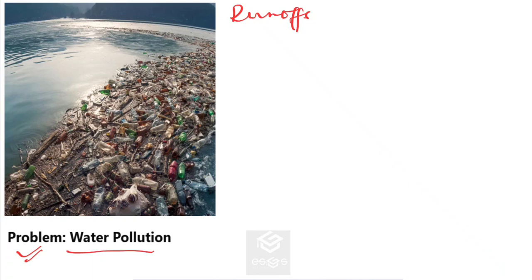Polluted wastewater or polluted water sources can lead to the spread of diseases as well as degradation of the aquatic ecosystems.